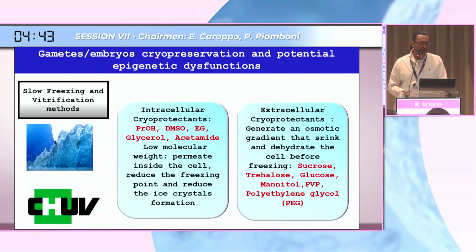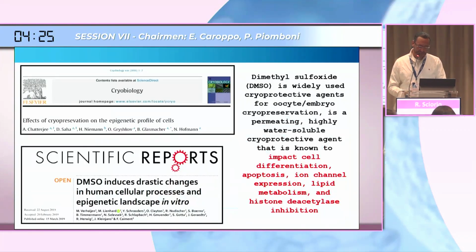We vitrify oocytes, we vitrify embryos for a variety of reasons. Some of the cryoprotectants we use are sugars like glucose and trehalose, which are important to remove the osmotic gradient, to remove water from the cells.